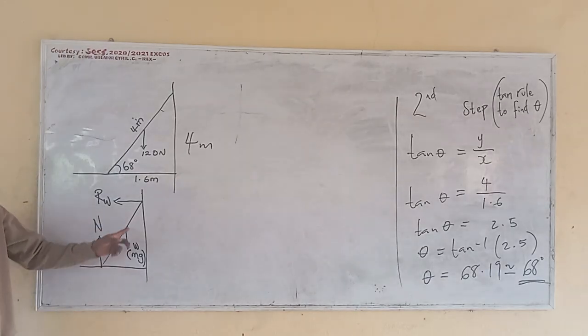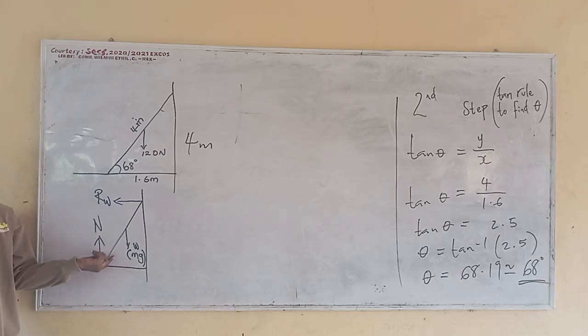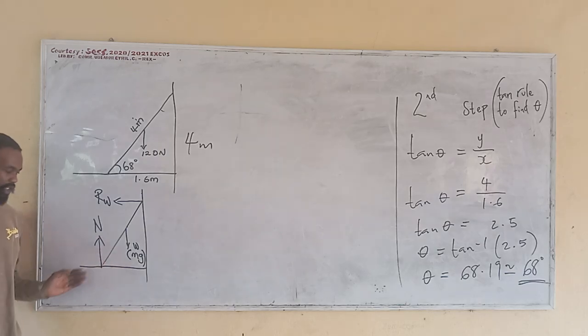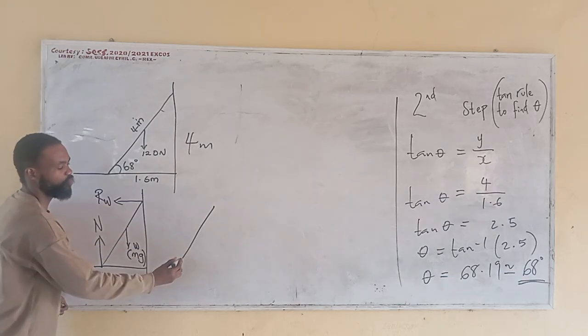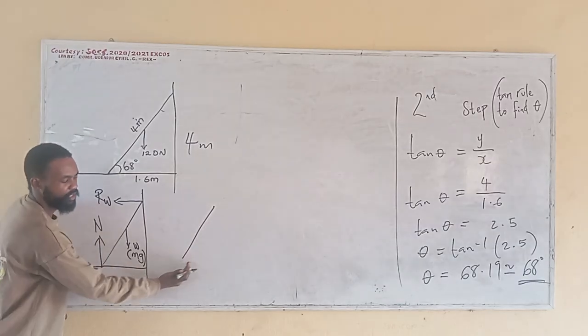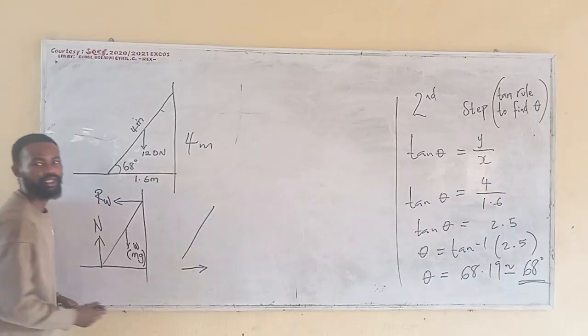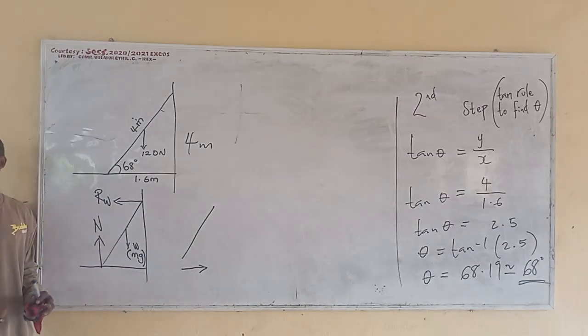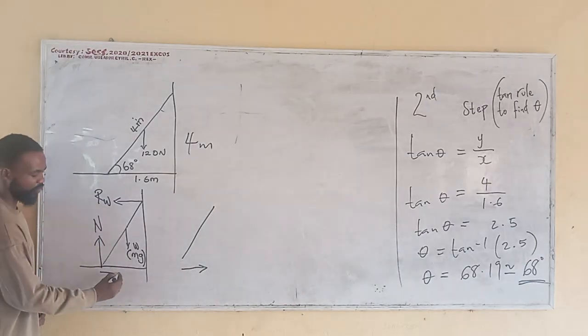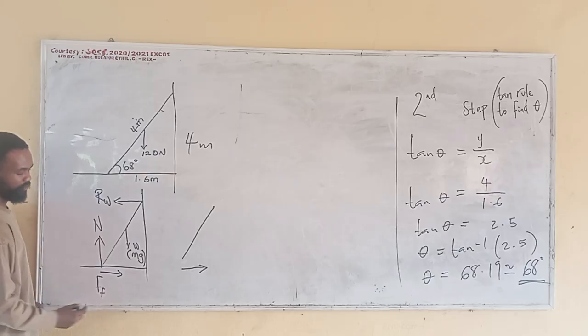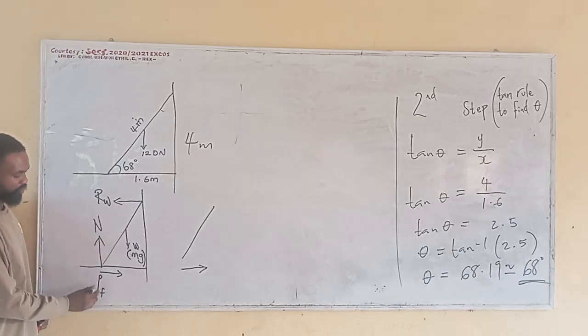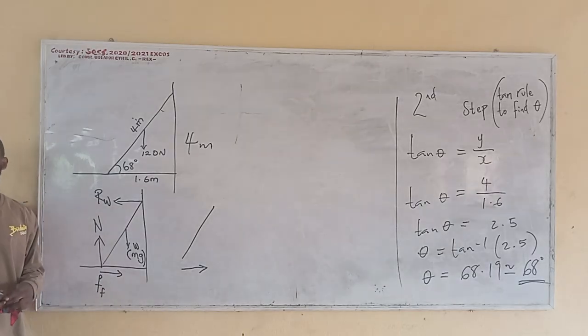The same can happen here, assuming this ladder does not have friction. As this ladder is this way, it can slip this way. But because there is friction going this way, the ladder will maintain balance. So there is a force going this way, which we call the frictional force. We use small f for it.